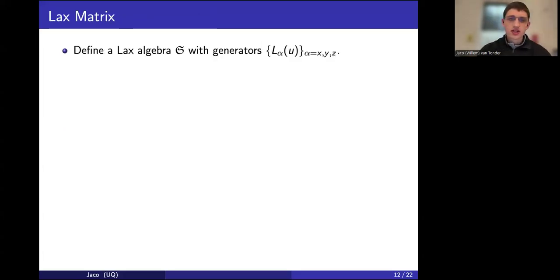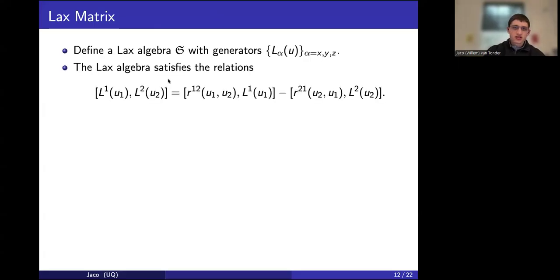Now, to actually obtain the charges, say for the Heisenberg model, we usually use a transfer matrix. And we get the transfer matrix from a Lax matrix. So in this case, we define the Lax matrix using these Lax algebra generators labeled with X, Y, Z. And these satisfy these commutation relations.